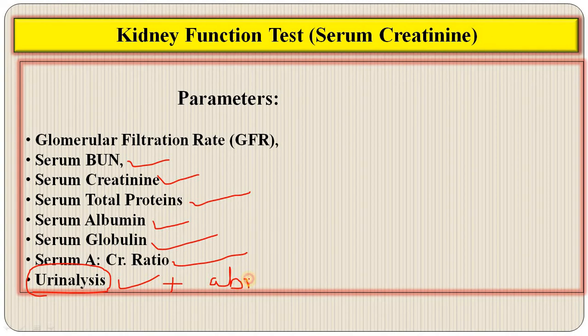Abnormal constituents of urine may have sugar, that is glucose, proteins, ketone bodies, bile salt, bile pigment, etc. So these are the certain biochemical parameters to study the kidney function test of the animal.